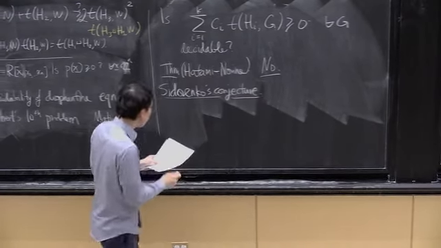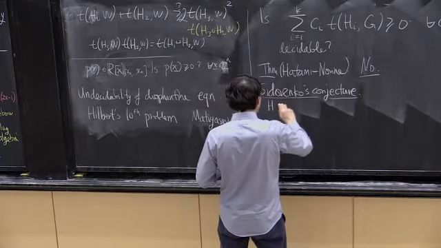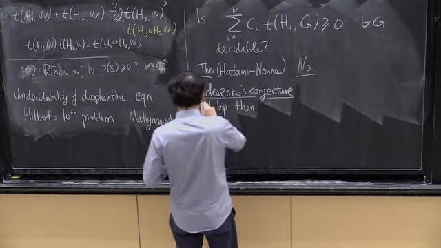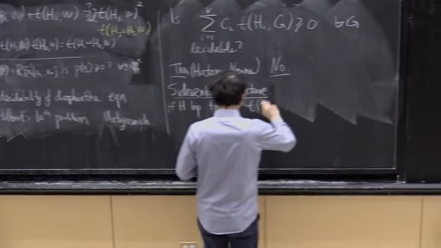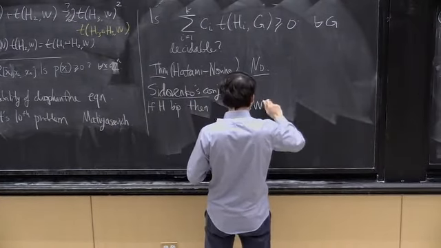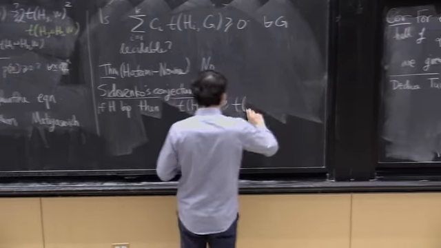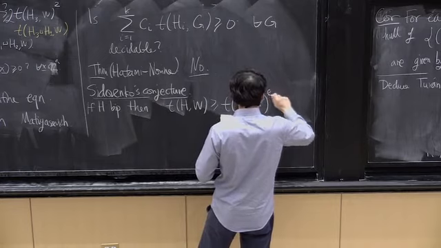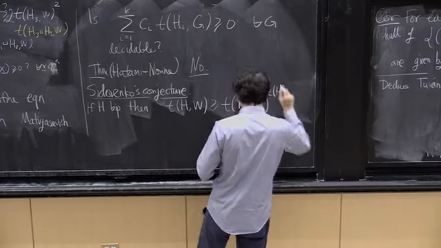Sidorenko's conjecture says that if H is bipartite, then the H density in G or W is at least the edge density raised to the power of the number of edges of H.